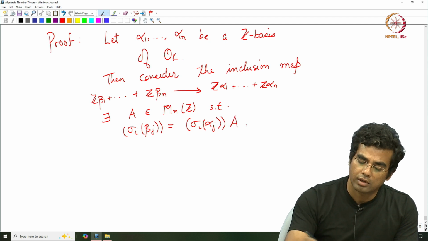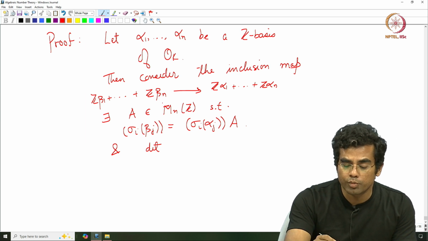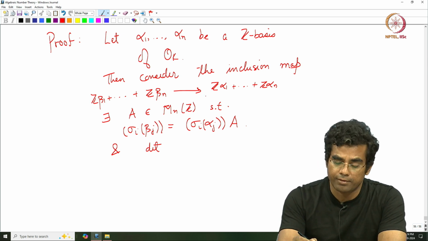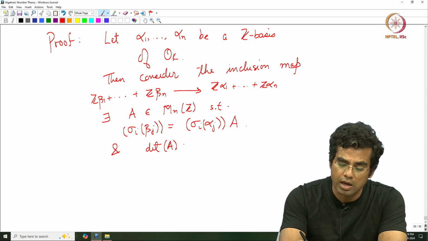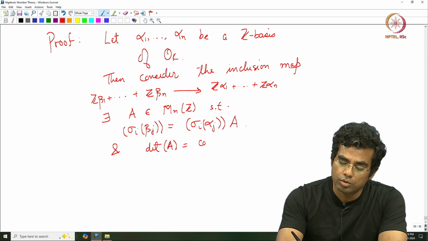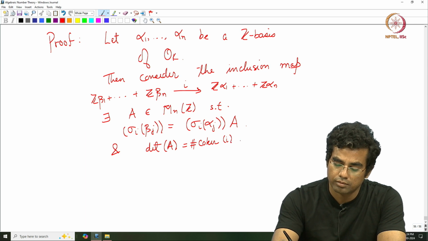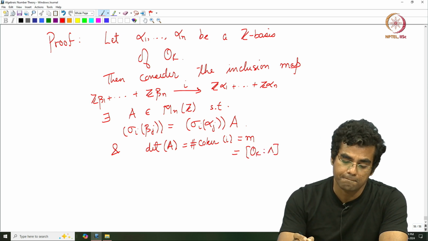times A, and because both the beta i's and alpha i's are linearly independent over Q, this map will have finite co-kernel, okay, and determinant of A will be equal to the number of elements in the co-kernel of this map I, which is equal to m, which is the same as [O_K : Lambda], okay, all right.